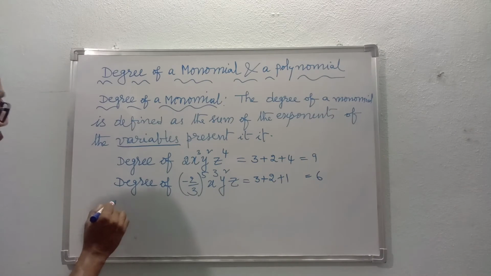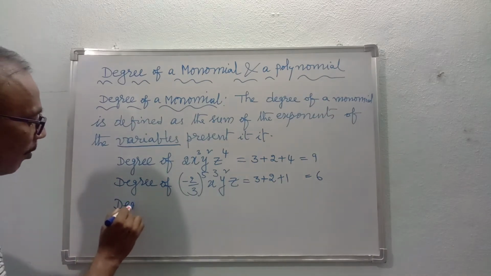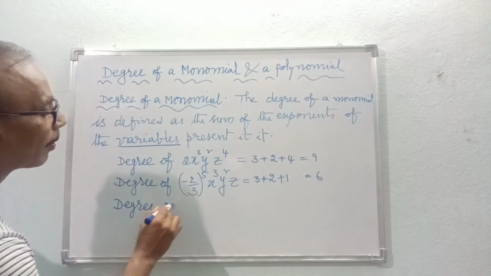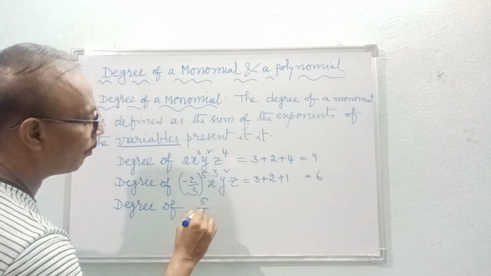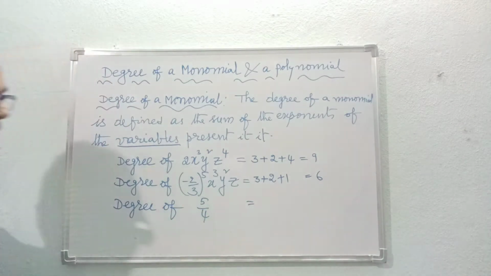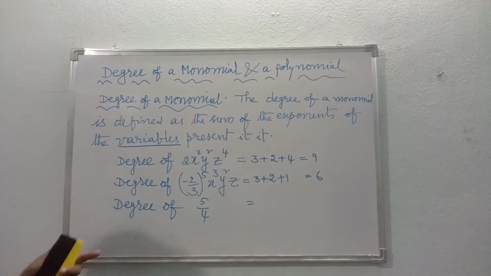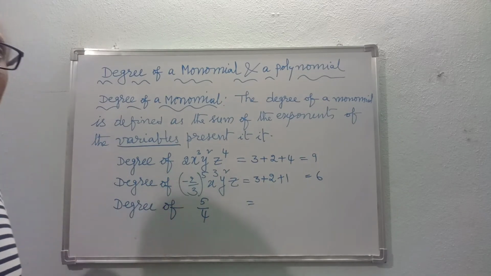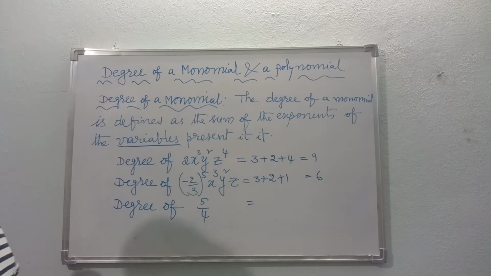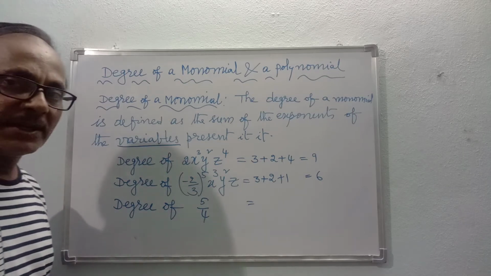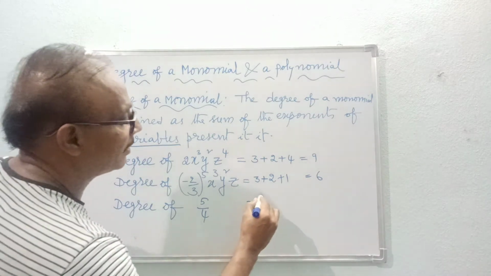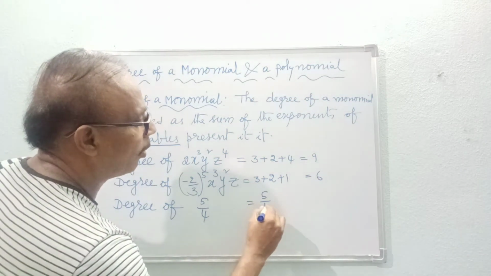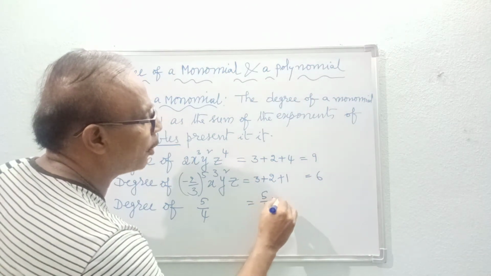Now let us see one more. Degree of 5 by 4 equals. Now clearly in 5 by 4 there is no variable at all. It is a constant term. But every constant term can be written as 5 by 4 into x power 0.